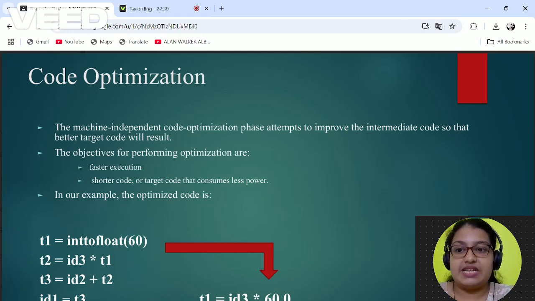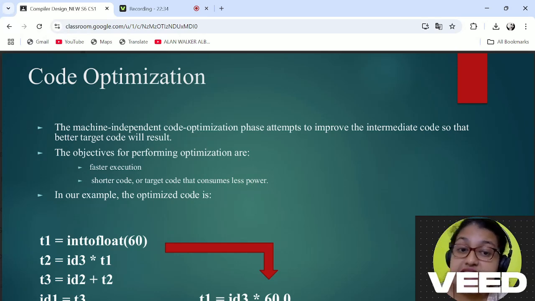To make something better. Here, the machine independent code optimization phase attempts to improve the intermediate code so that the target code we get gives a better result.